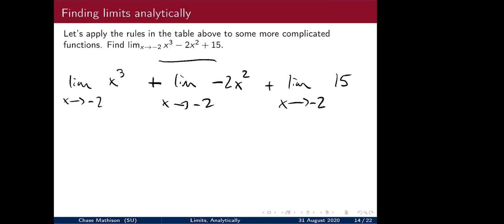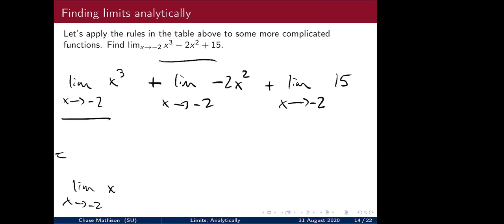Okay, what rule are we going to use on this first part here? Yeah, this is just the limit of a power. And we know that the limit as x approaches negative 2 of just x is, you just plug in the limit value, right?